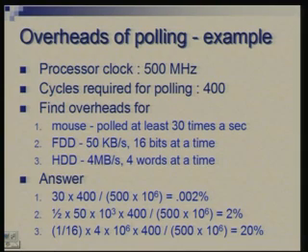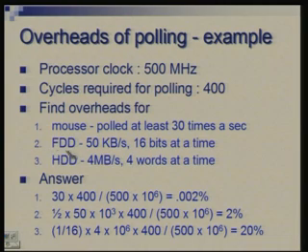Then we want to see how much is the polling overhead for different types of devices with different speeds. So, let us say the first example is a mouse, which needs to be polled, let us say 30 times a second. Okay. And this figure is keeping in mind how fast one would typically move the mouse.